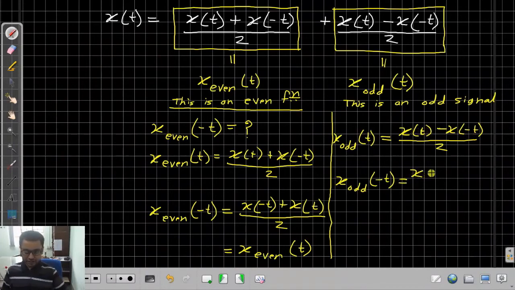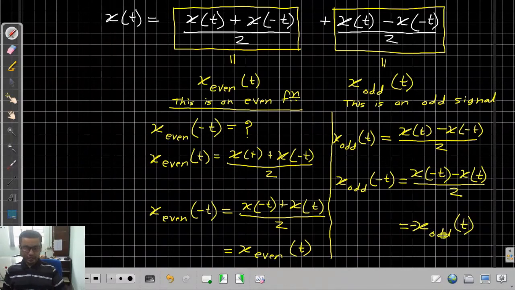So this becomes x(minus t) minus x(t) whole divided by 2. Now you compare this expression with this expression and you will see that this is the same as minus x odd t. Okay, therefore x odd minus t is the same as minus x odd t, and that proves that this part is an odd signal, odd function.